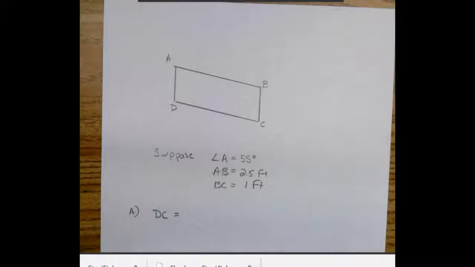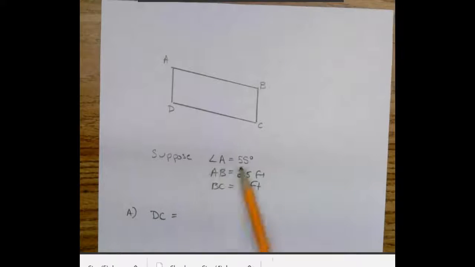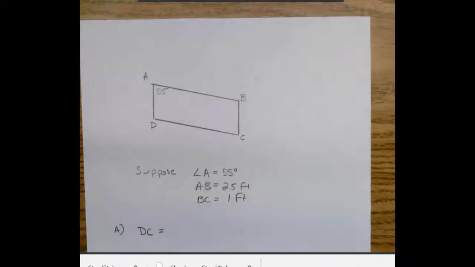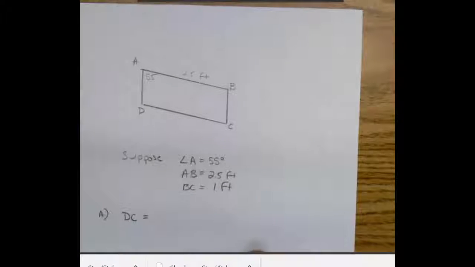So let's say we have this parallelogram A, B, C, D, and we have angle A is equal to 55 degrees. Let me write that in. And then we also know that AB is 2.5 feet. And then we also know that BC is 1 foot. Okay.